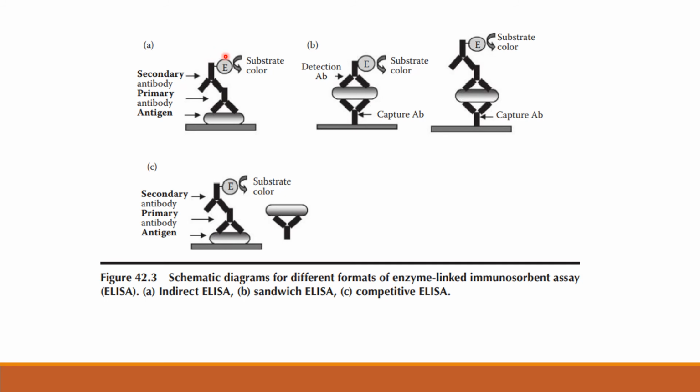This is the secondary antibody which is linked with enzyme, which will react with the substrate and produce color. Now this is sandwich ELISA. You can see this antigen is actually sandwiched in between the primary or capture antibody and the secondary or enzyme linked antibody.